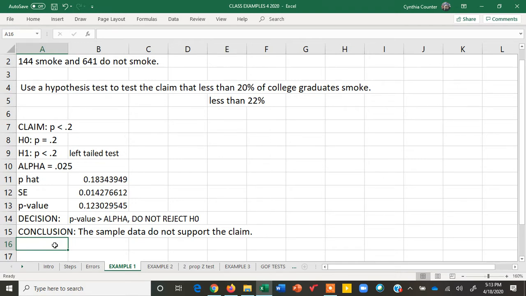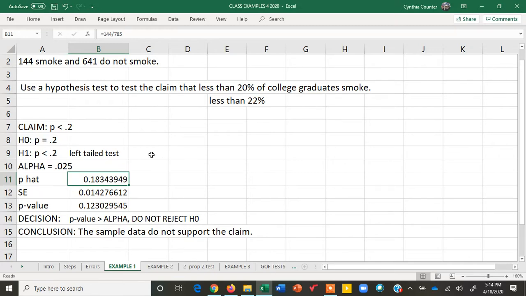Well, the claim is that the true proportion is 0.2, and even though we got a sample proportion of 18%, we wanted to know, was that difference statistically significant? Meaning, is it not likely due to random sampling error? We did not support the claim, which is the statistical significance, so we support random sampling error.